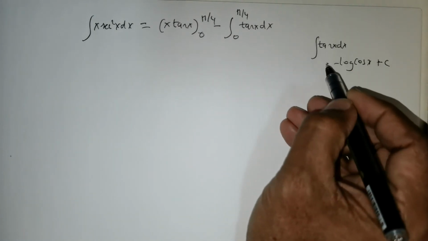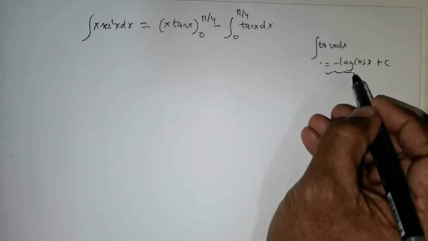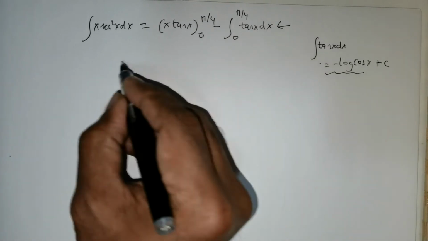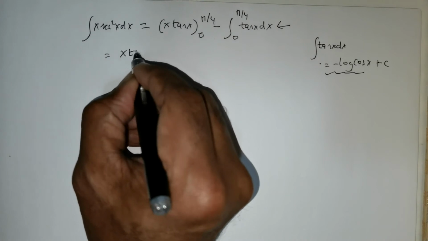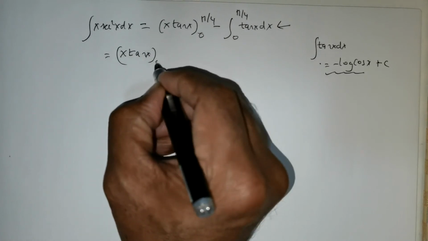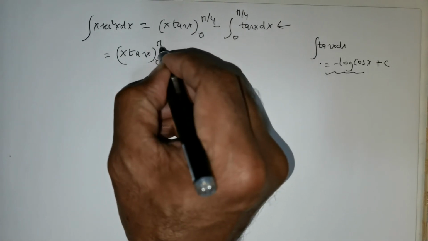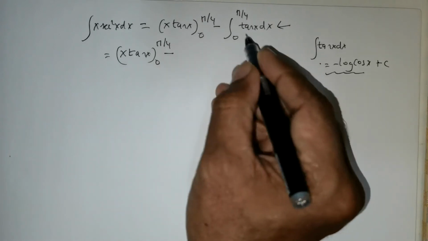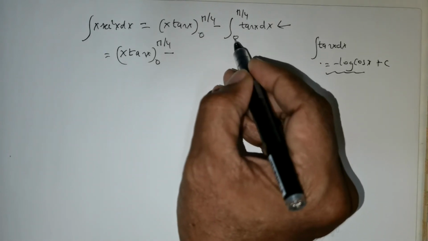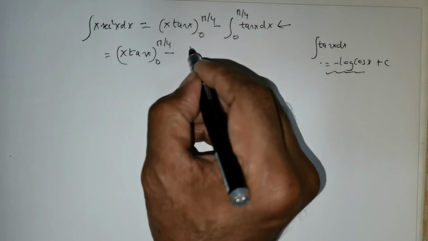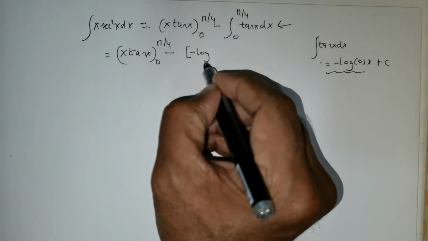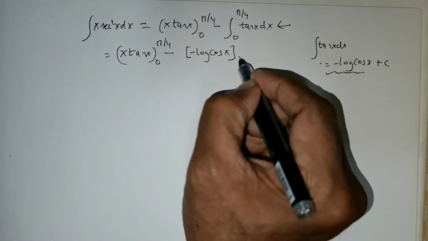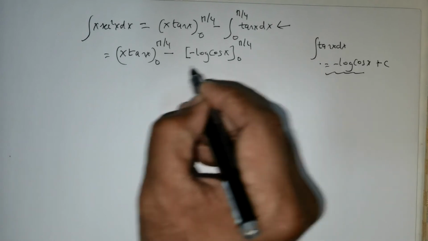I will use this quantity here. So now this is x times tan x within the limits 0 to pi over 4, minus, in place of the integral of tan x dx, I substitute negative log of cos x, with limits 0 to pi over 4.